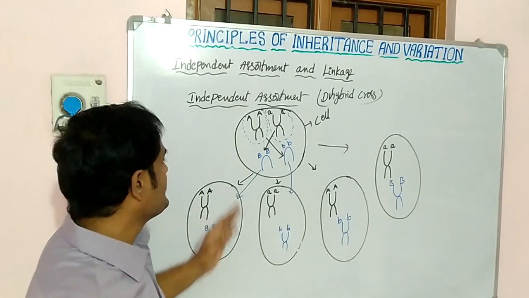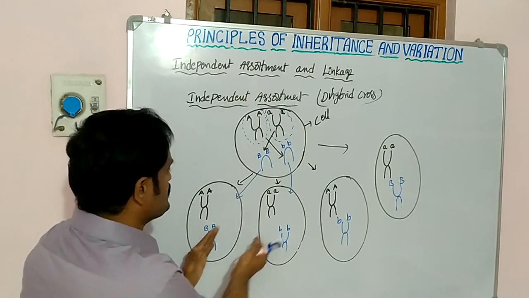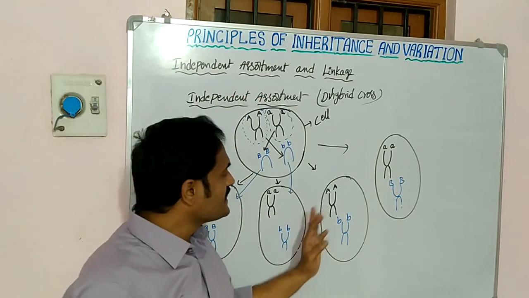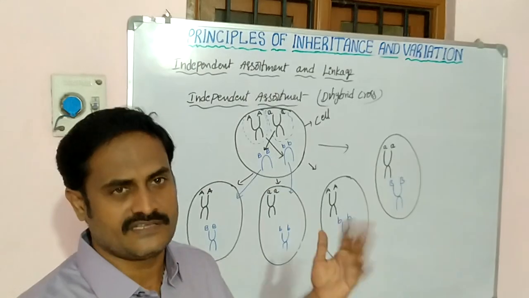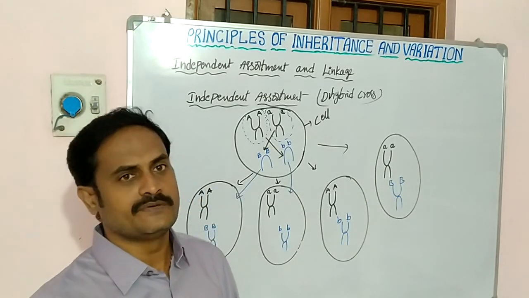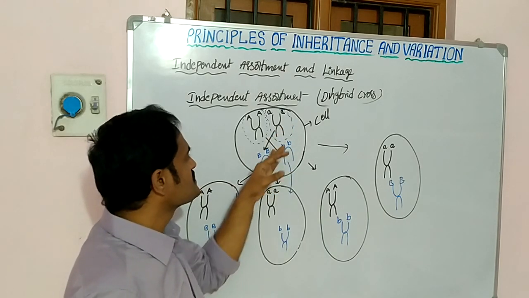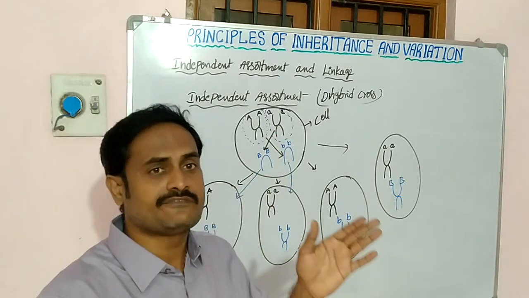Like this, the parental cell has only these two kinds of gametes, but the remaining two gametes are different. So how do the new gametes evolve? The chromosomes fuse with different chromosomes.